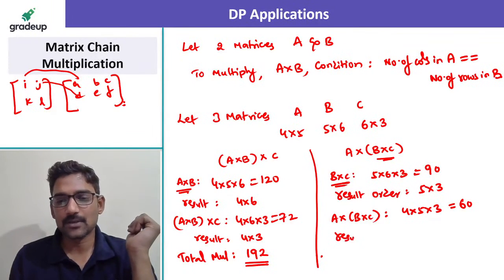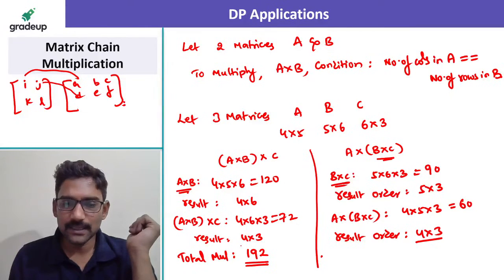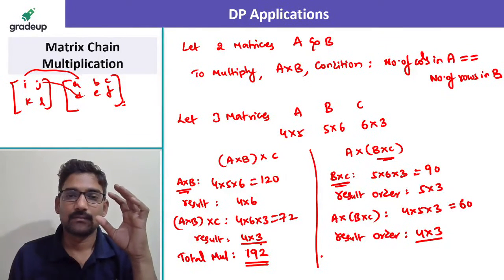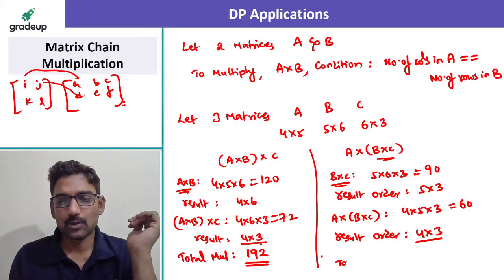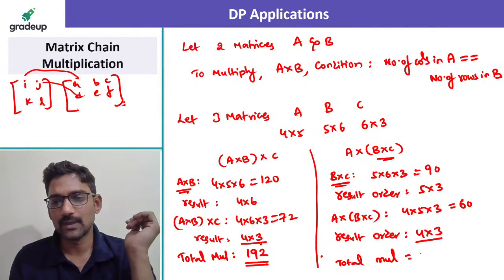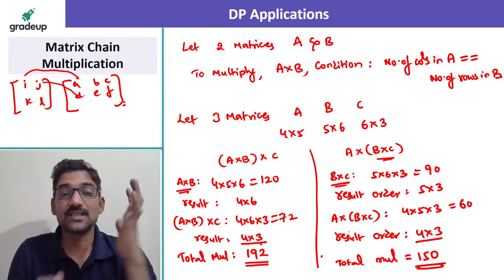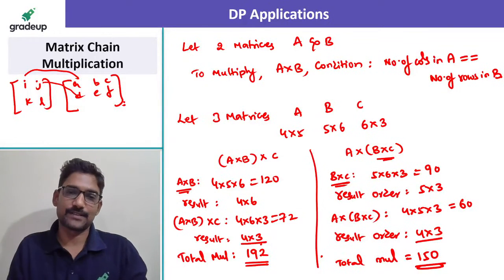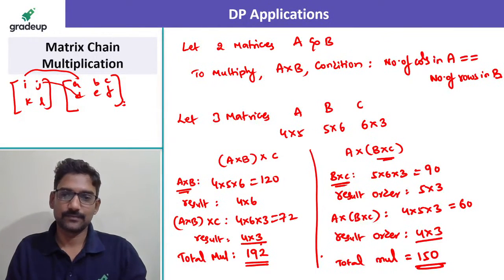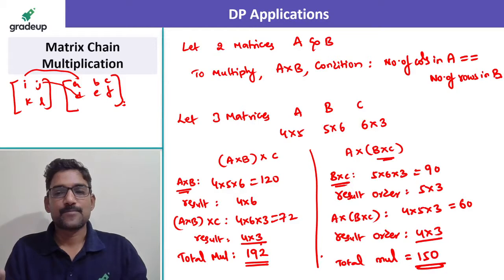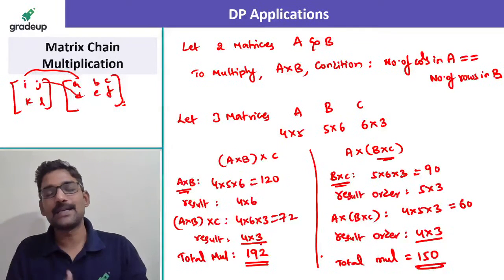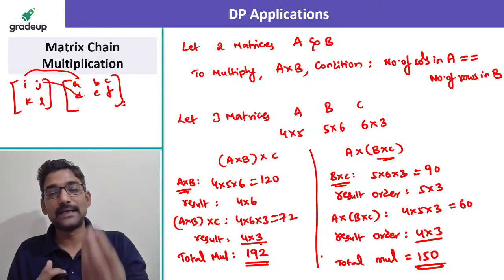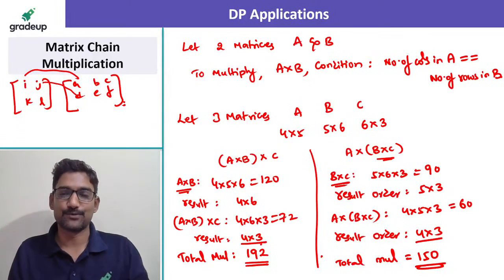And the result matrix order would be 4 by 3. So the final answer will be the same. But total multiplications here will be 150. See the huge difference. Just by changing the sequence, 42 multiplications you can reduce.